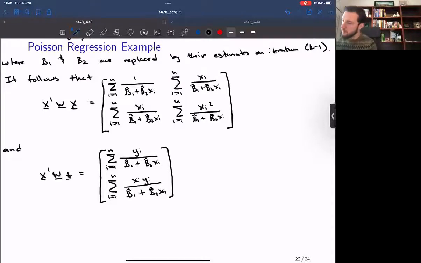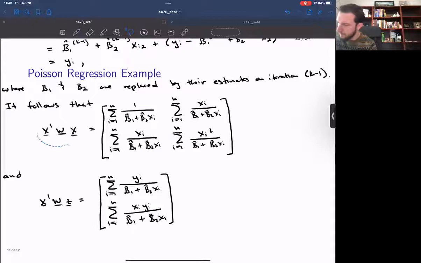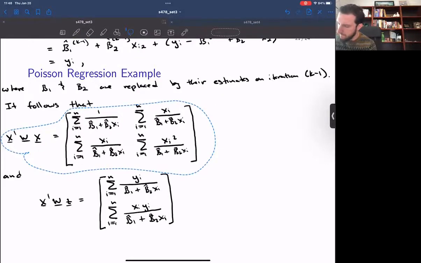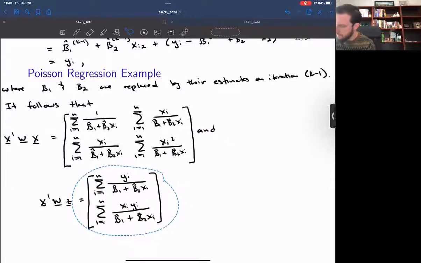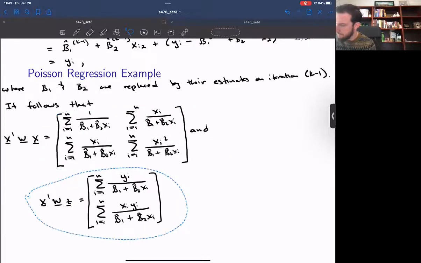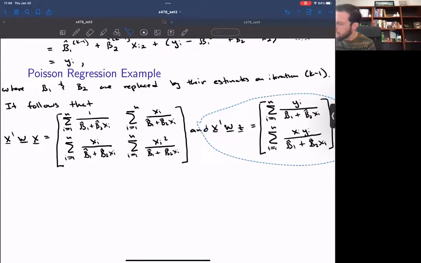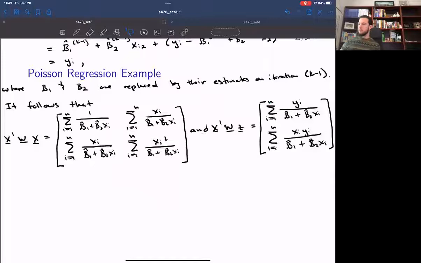All right. So now we have the two sides of our iterative weighted least squares equation.